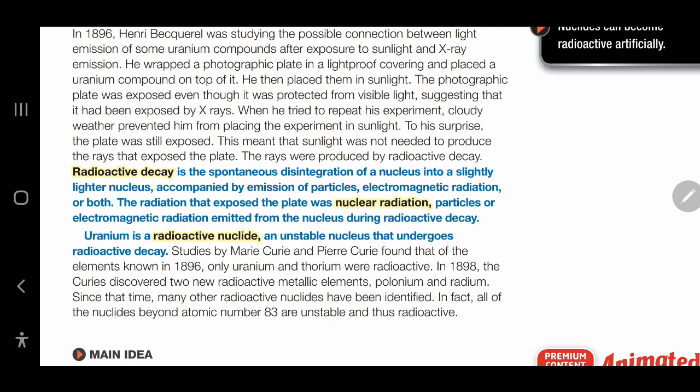So the radioactive atom actually emits some particles or electromagnetic radiation to be changed to another atom. Like, for example, uranium, which is a radioactive nuclide, an unstable nuclide, undergoes radioactive decay.